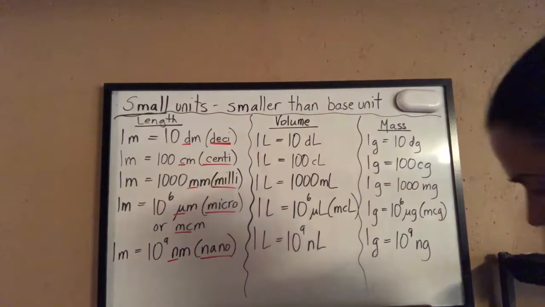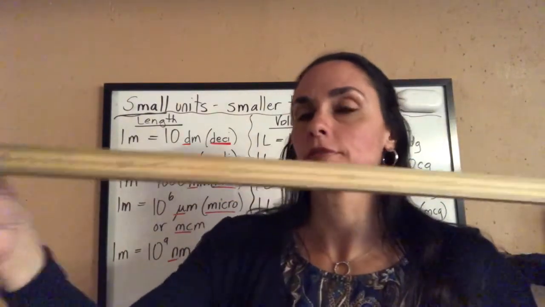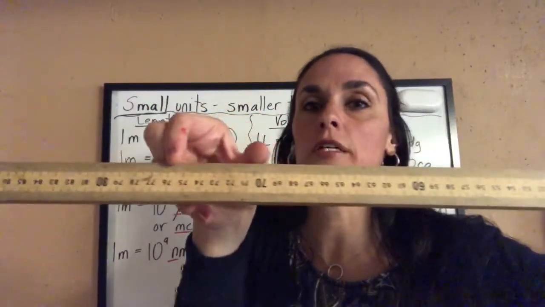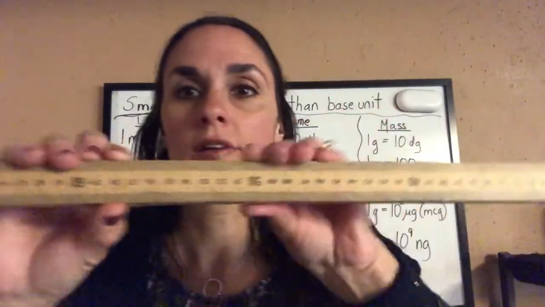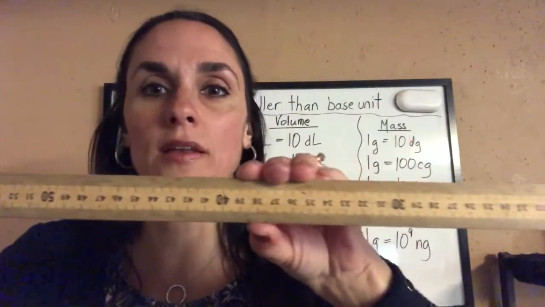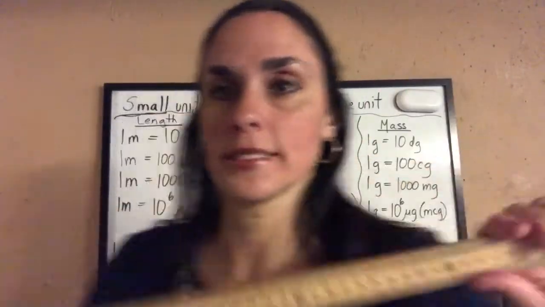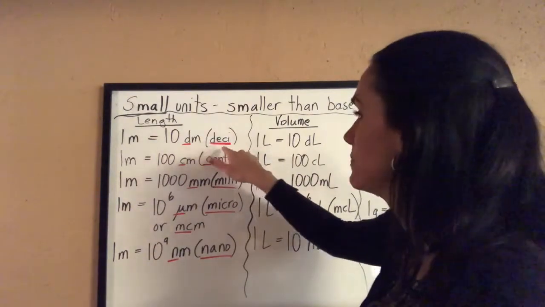In 1 meter, you have 10 decimeters. 1, 2, 3, 4, 5, 6, 7, 8, 9, 10. 10 decimeters. The prefix D is for deci.